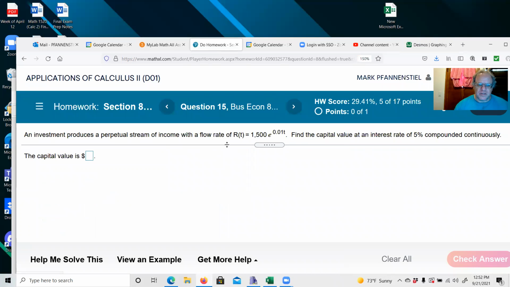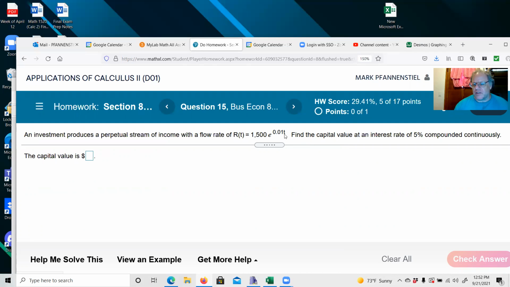So investment versus RT, find the capital value at an interest rate of 5% compounded continuously. Oh, perpetual. Okay, so from 0 to infinity.